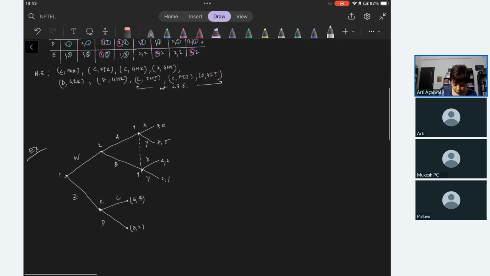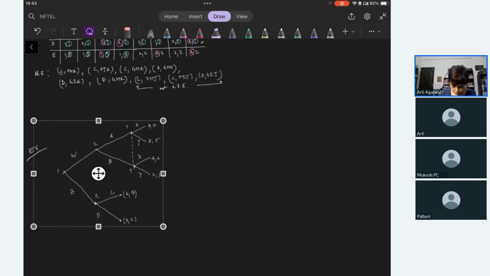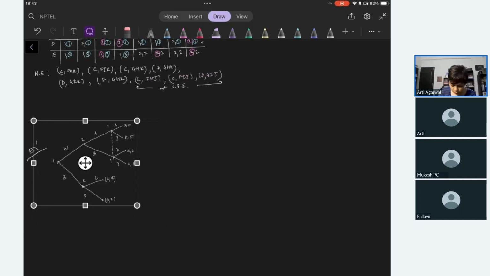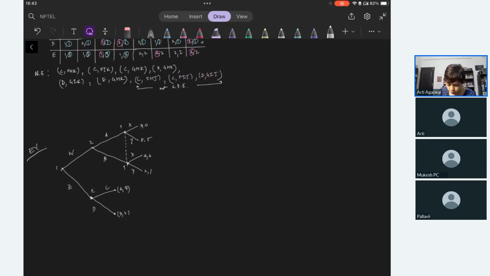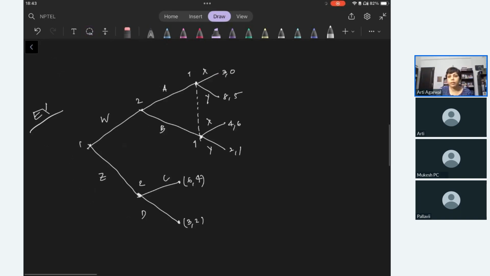I'm just scaling it because when I export this file, it's going to otherwise look weird. Okay, so I think this is clear enough now, the table. It's not that messy.